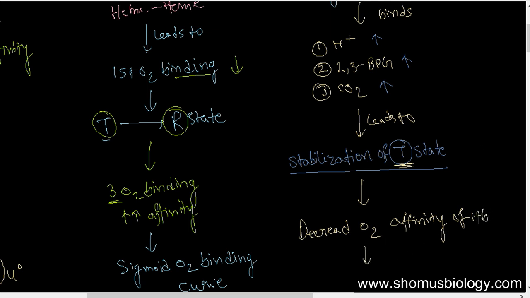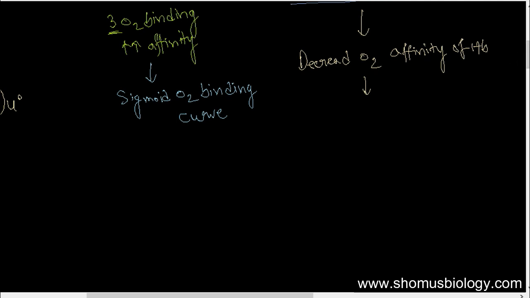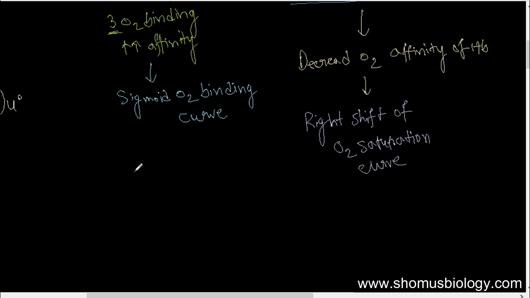That leads to what is called the right shift of the oxygen saturation curve of hemoglobin. So normally the oxygen saturation curve looks like this.